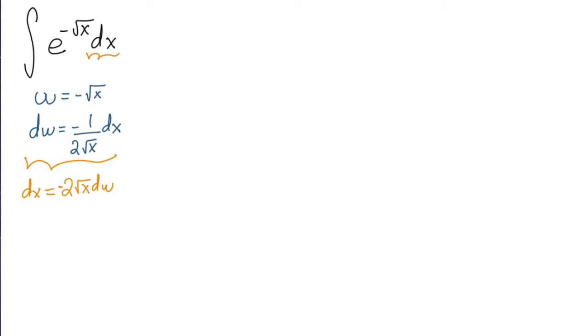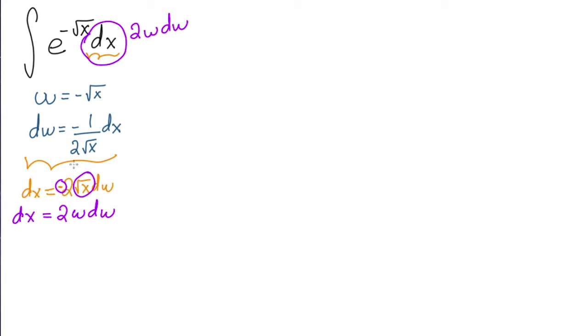So basically what this turns into is that dx is equal to 2 times this negative root x, that's simply w, dw. So what this allows me to do is swap this for a 2w dw.